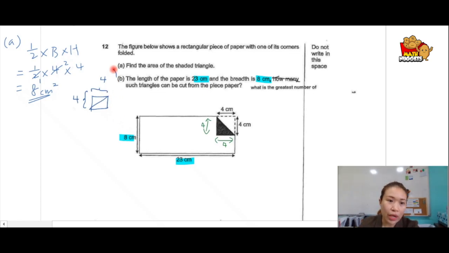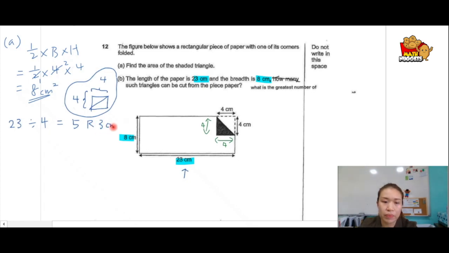How many of such squares can I cut out from the length? If the length is 23, my square is 4 cm by 4 cm. At the length, I'm able to cut away 23 divided by 4, 5 of such, right?